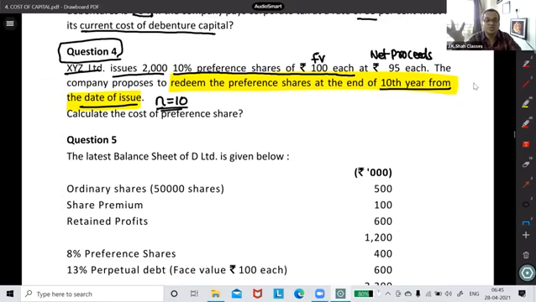Then what to do? Face value. If no details are given, then always assume redemption at face value. Redeem at par. Correct.